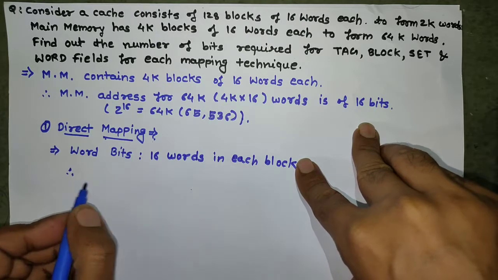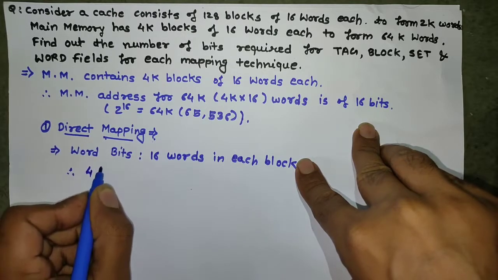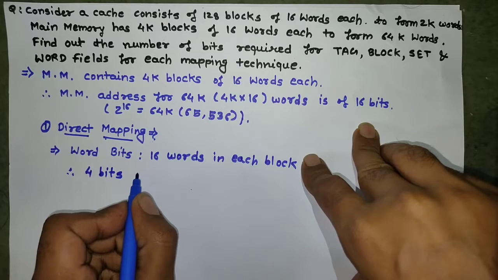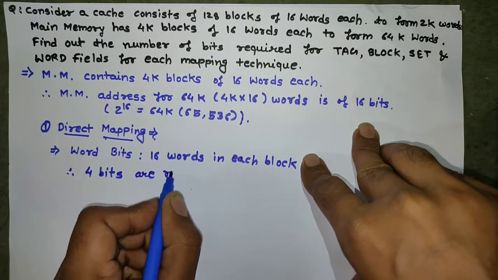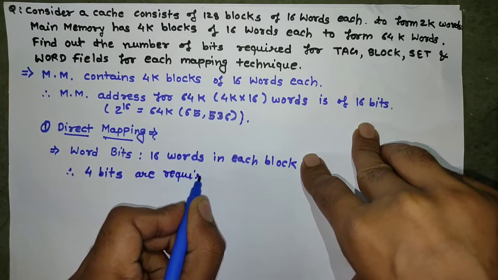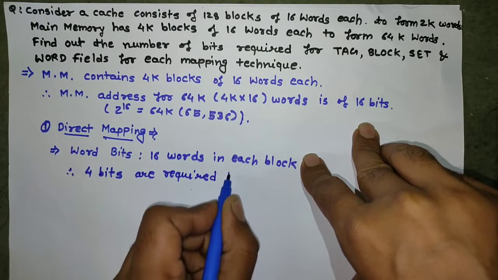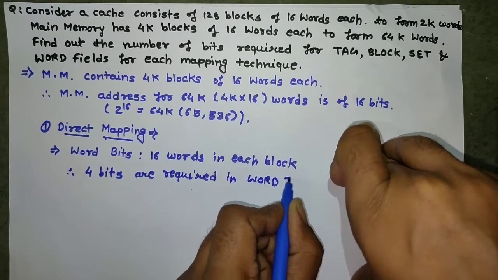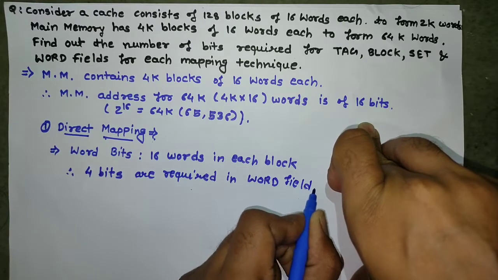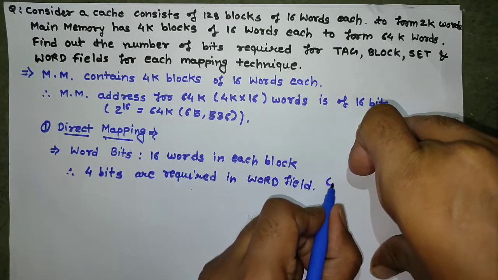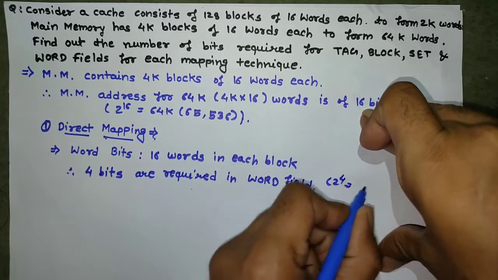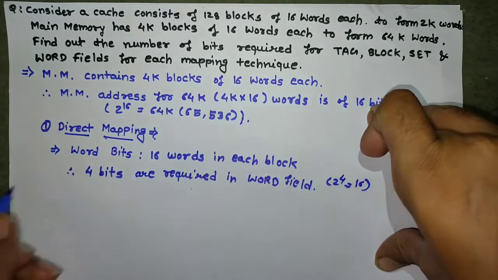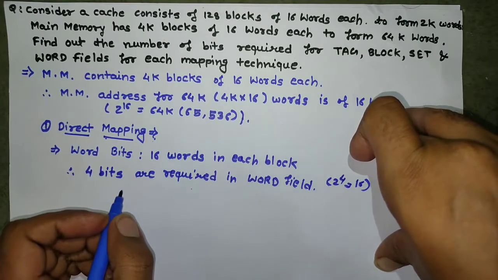To address 16 words, 4 bits are required. How? 2 raised to power 4 equals 16. Hence 4 bits are required for the word field.